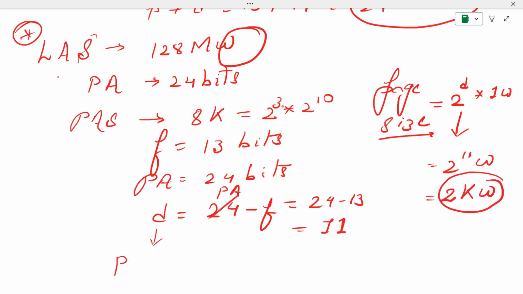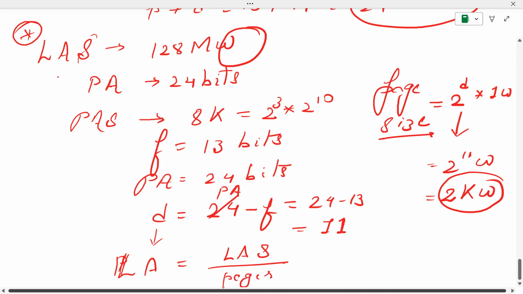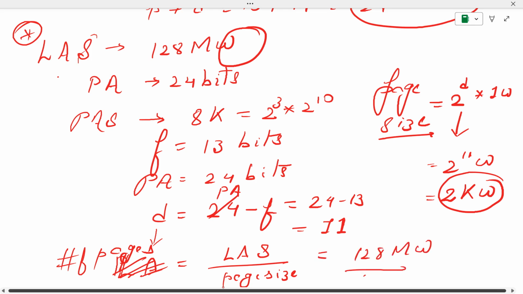And if someone asks about the number of pages, it is the logical address space upon page size. So it is 128 megawords by 2 kilowords.